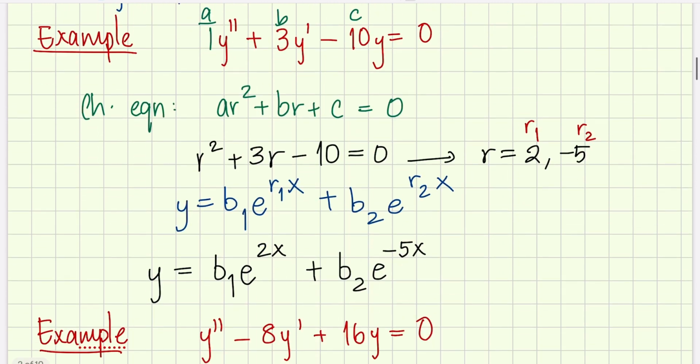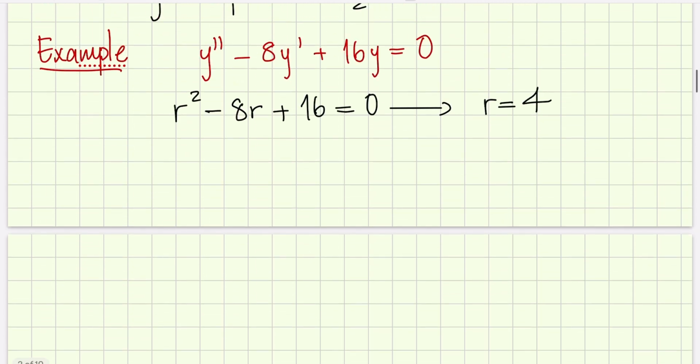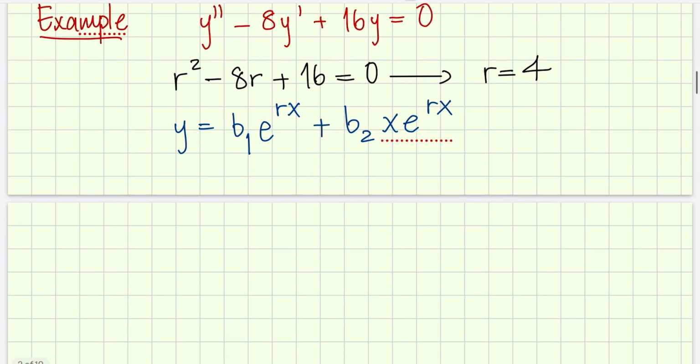It should be y equals b1 e to the power rx plus b2 x e to the power rx. So substituting the r's, I get my solution, which is y equals b1 e to the power 4x plus b2 x e to the power 4x. And we're done.